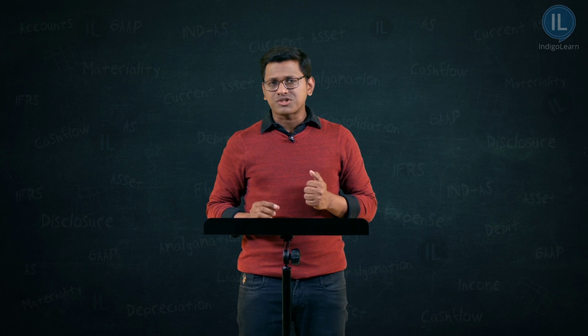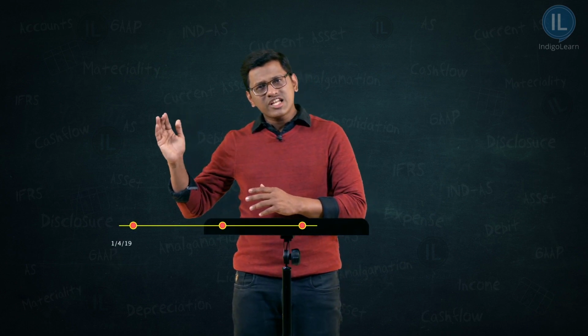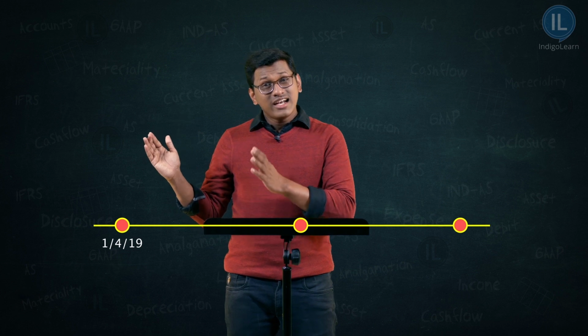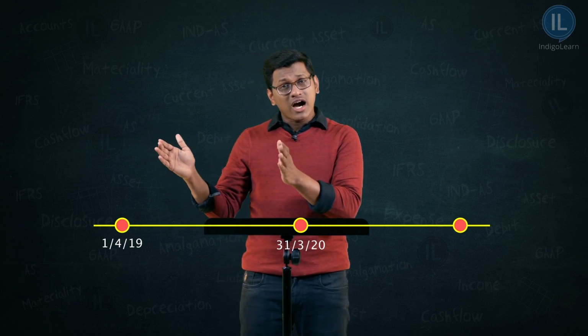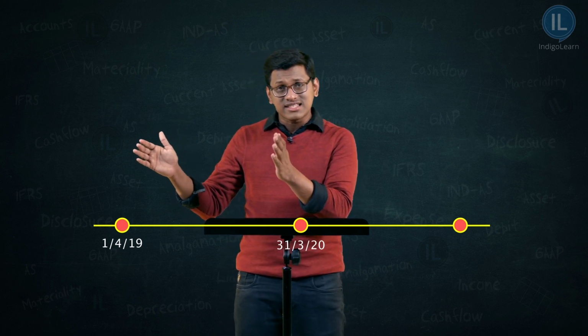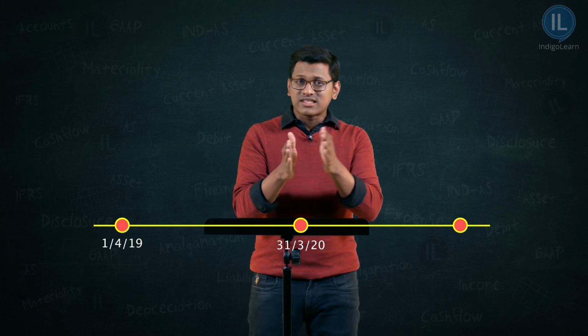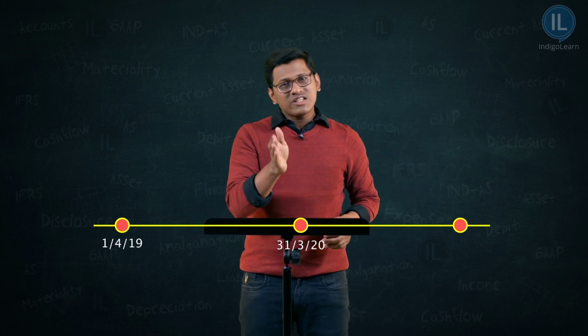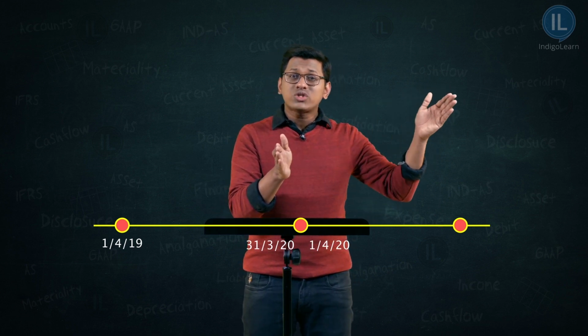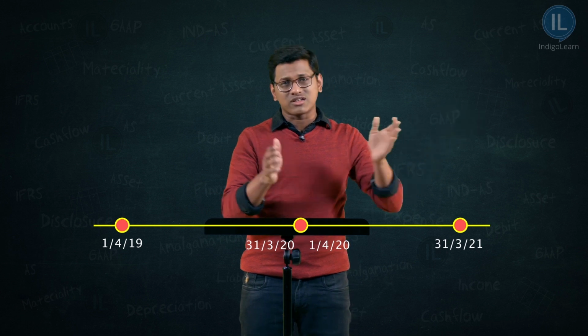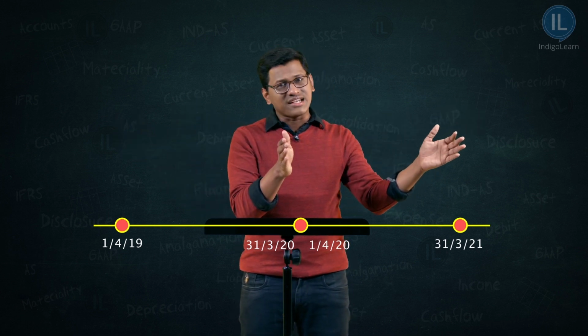Please pay utmost attention. The financial year is from 1st April 2019 till 31st March 2020. This is the financial year. Next, we are in the next year now, 1st April 2020 to 31st March 2021. So this is one year and this is the next year.